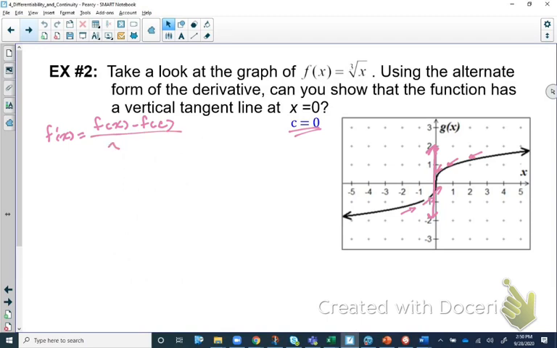And so here this would just be x minus c. So f of x is going to just be the function, the cube root of x. Now f of c is when x is 0 or when c is 0. So here the cube root of 0 is 0. So that's your f of c. So we're going to have a 0 here and x minus 0 for c again.